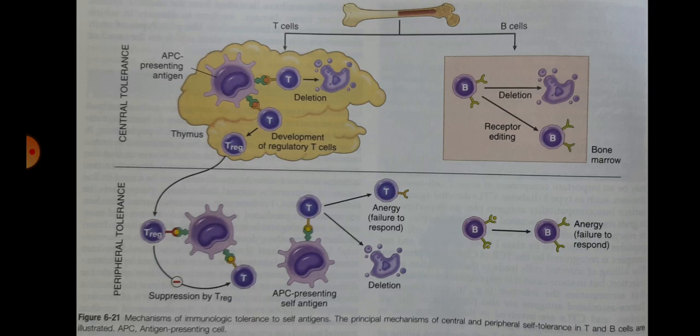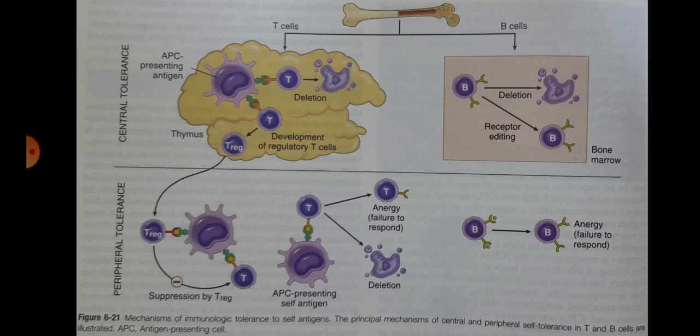Self-reactive lymphocytes, in the sense they will react against self tissues or self antigens. This process called negative selection or deletion is responsible for eliminating the self-reactive lymphocytes from the T cell pool.